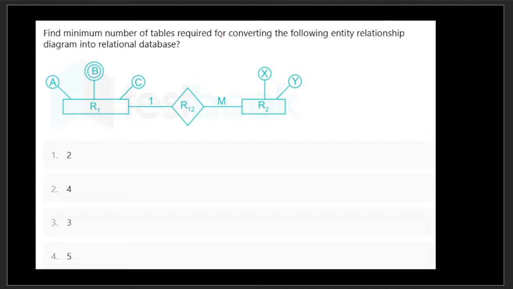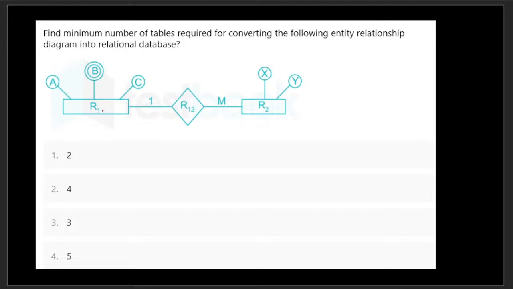Find the minimum number of tables required for converting the following entity relationship diagram into a relational database.